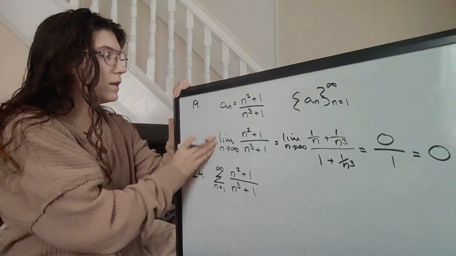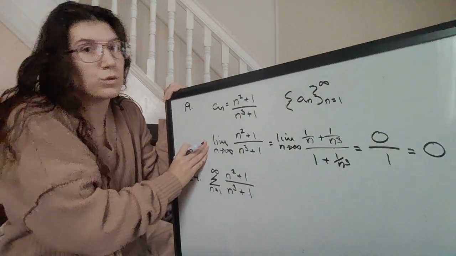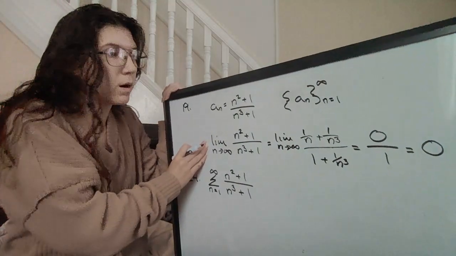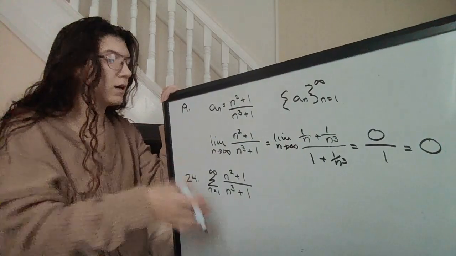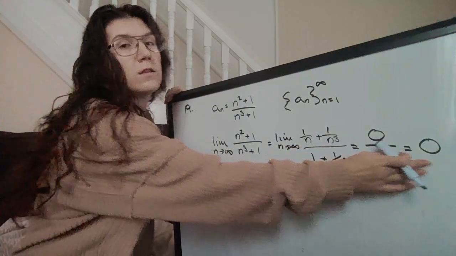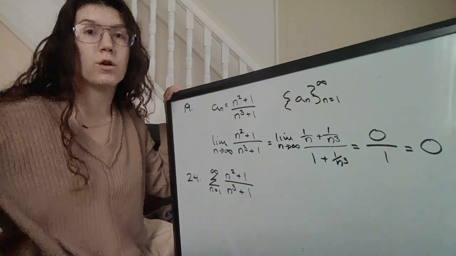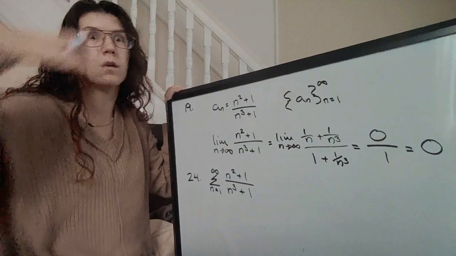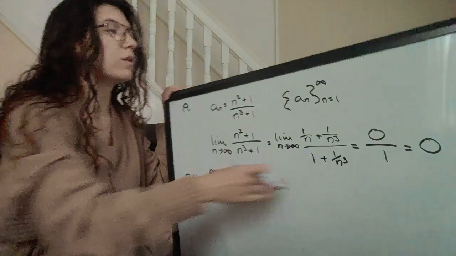It is good to do a limit test because it's a quick check of whether this just goes to a number. Because if it goes to a number, then the series would diverge. Let's say that this approached 1 instead of 0. If we add up 1 over and over and over again, that is infinity because we keep increasing it by 1 each time.